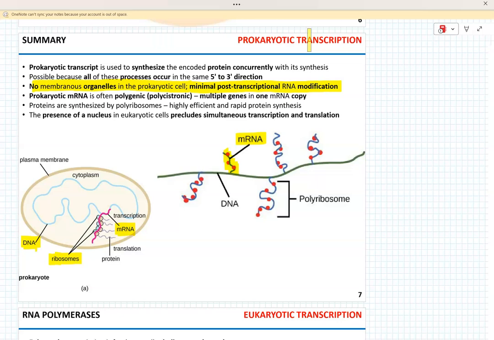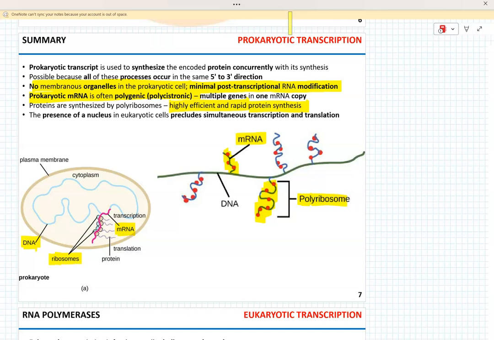Now, you can imagine that this concurrent existence of transcription and translation in prokaryotes makes protein synthesis highly efficient and rapid. But not only this, you can see that each mRNA molecule is bound not by one, but by multiple ribosomes, so-called polyribosomes. Another important feature of prokaryotic mRNA is that it is often polygenic or polycistronic, which means a single transcript may contain multiple genes.